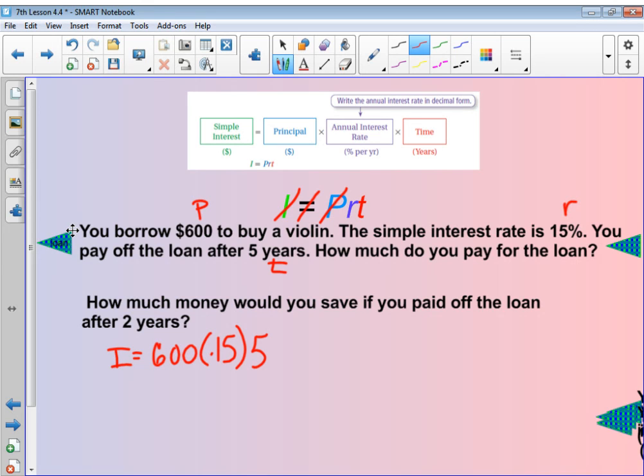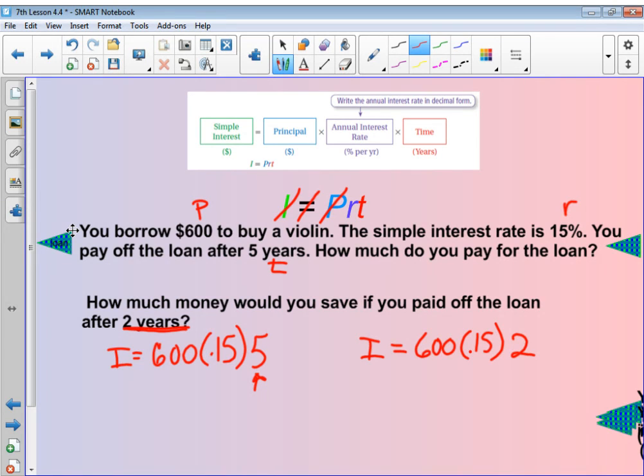I'm going to do the 2-year plan also, it's just that my time is going to be 2 years. So I equals, it's still going to be $600, I'm still going to pay 15%, but this time I'm going to pay it off in 2 years.